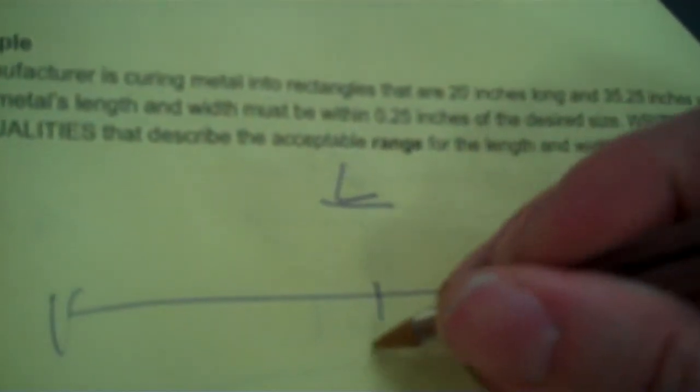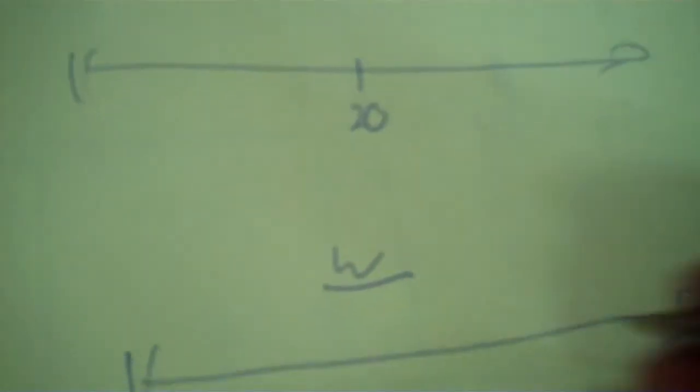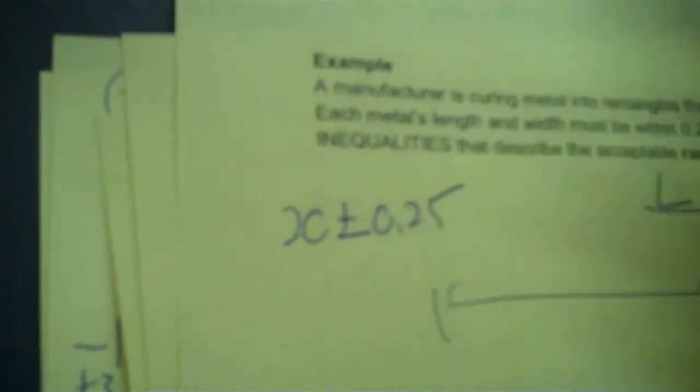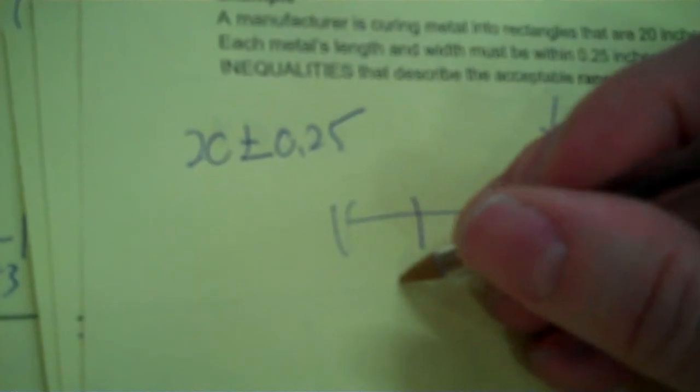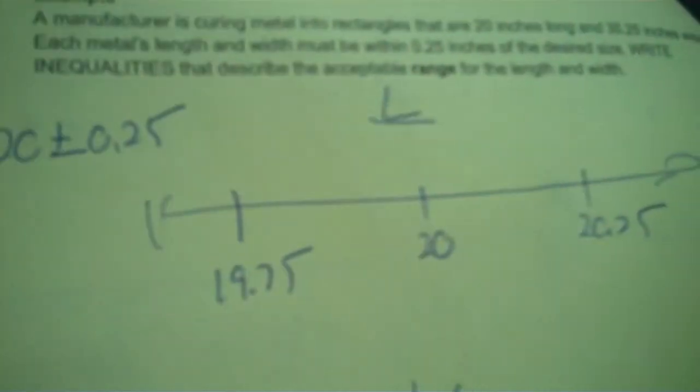So the ideal length's 20. Long means it's the length. The ideal width, 35.25. Now we just use 0.25 on both of them. So it's going to be 20.25, and that's going to be 19.75.